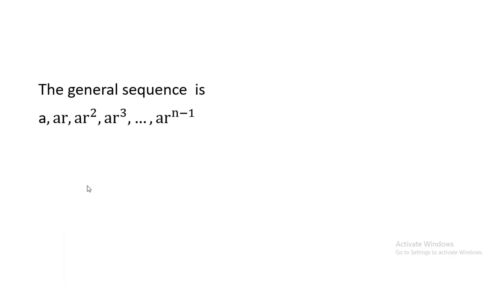The general form of a geometric progression is written as a, ar, ar squared, ar cubed, up till ar to the n minus 1. Now this is the formula that we require to find the nth term of a geometric progression.